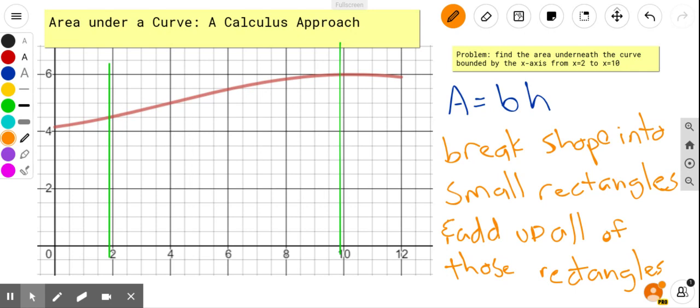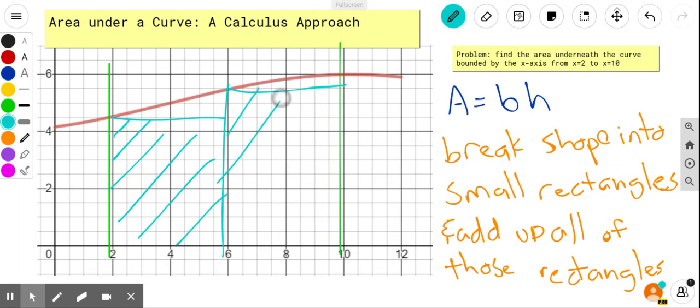Because if I break it up into, I don't know, two, I would have one rectangle, let's say this way, and then to be consistent, we'll always go left to right. We don't have to, but just to be consistent. So this part right here could be my estimate for the area.